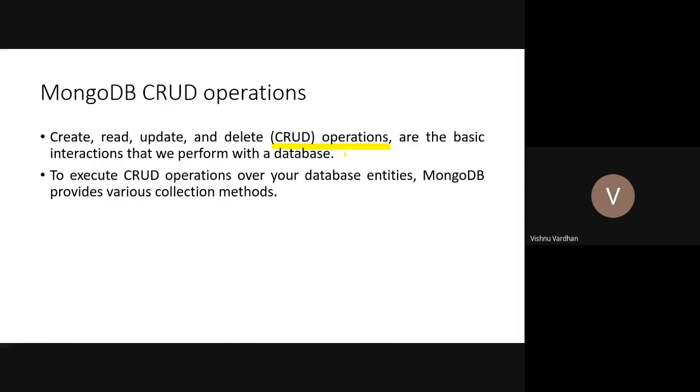All these are part and parcel of managing the database from your application. To execute the CRUD operations over your database entities, MongoDB provides various collection methods, and using those methods, we can easily do the CRUD operations on the documents in MongoDB.